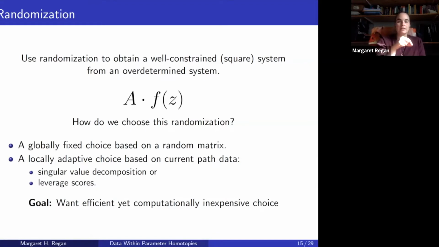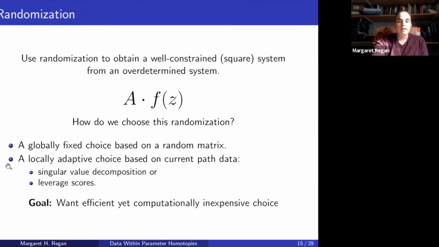So our randomization will no longer be fixed, but it'll be locally adaptive based on current data. With this current data, we use methods such as the singular value decomposition or something called leverage scores to determine this randomization matrix. Those are the computations that yield the structure of this randomization matrix.